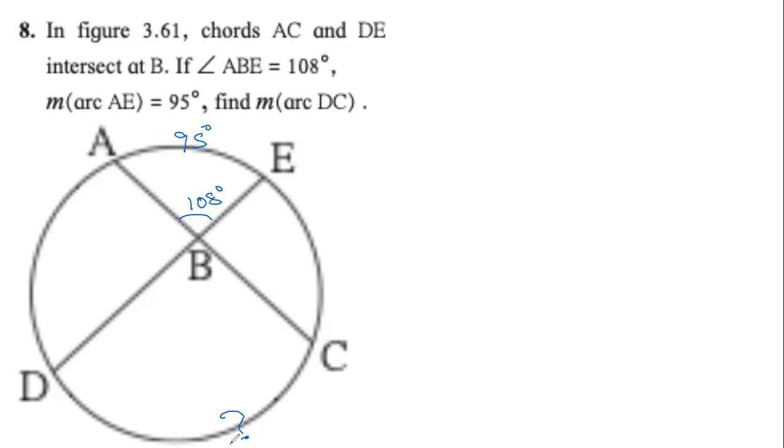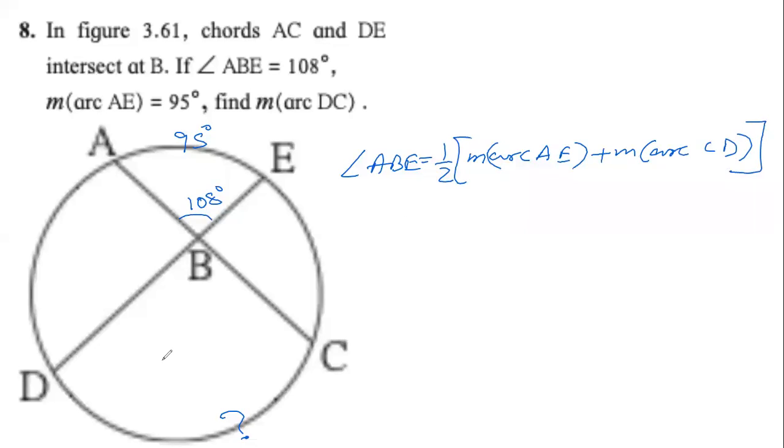Just now we said the angle between the chords, right? So angle ABE is half of the measure of the arcs they intercept. One arc is AE. Another arc that it intercepts is CD. Now, if we substitute the values correctly, this will become a linear equation.